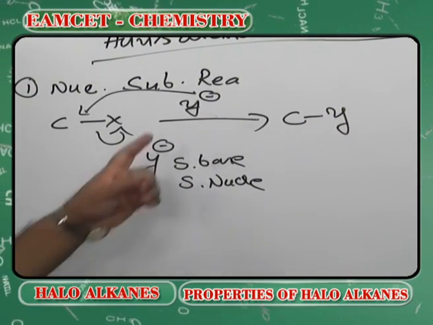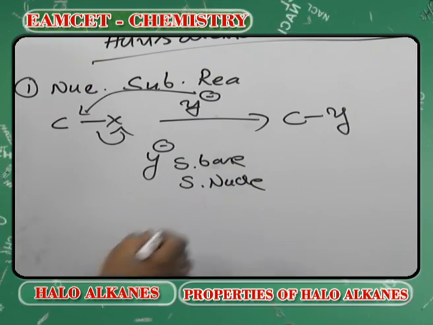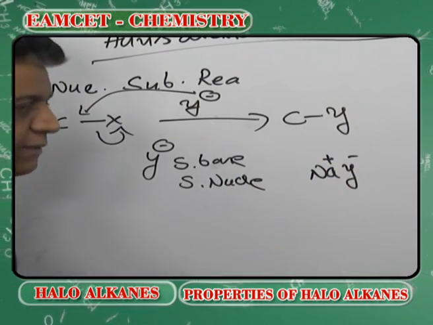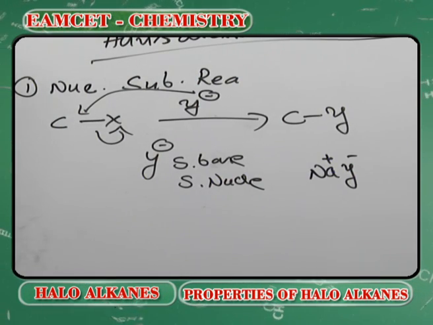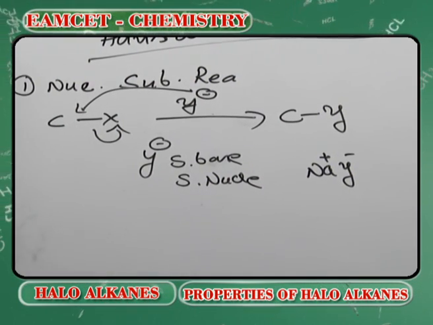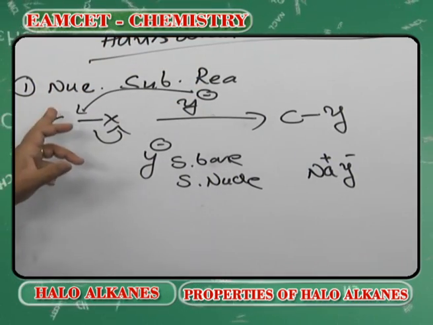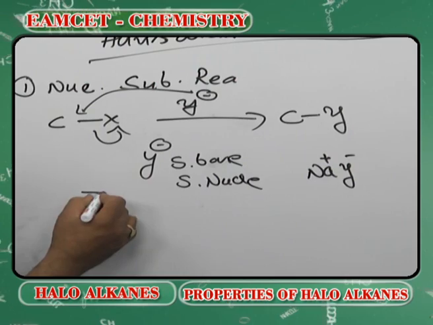The Y minus alone will not be possible, isn't it? Therefore, many times you take a sodium salt, like sodium cyanide, sodium hydroxide, sodium amide and so on. A variety of anions are available. In all these, the X happens to be Cl, isn't it?